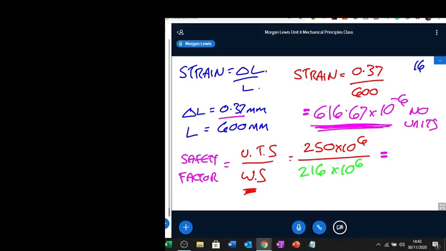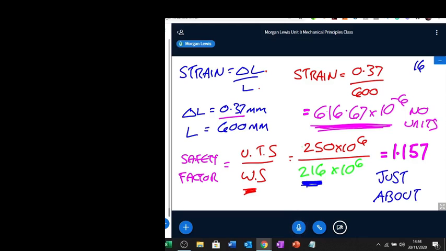Were you going to say the same answer, Lucas? 1.157. It's just about, isn't it? It's over 1. Anything over 1 is okay. Just about. I wouldn't go any more than 216. It's just about safe, probably just about perfect because you haven't got any wasted engineering materials. It's just about safe as long as you stick to 216.